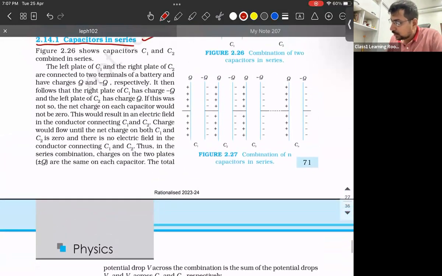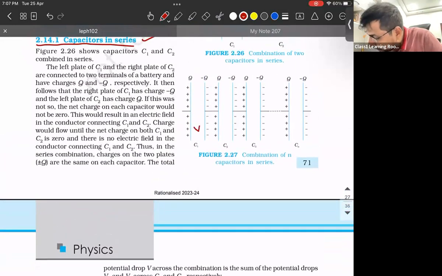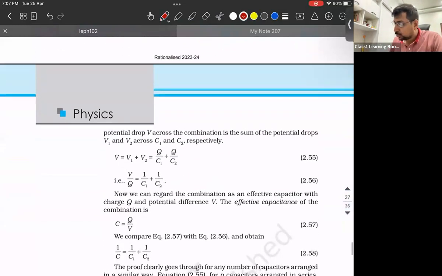So what will happen in the case of capacitors in series is the potential will get broken as V1, V2, V3, up to Vn.